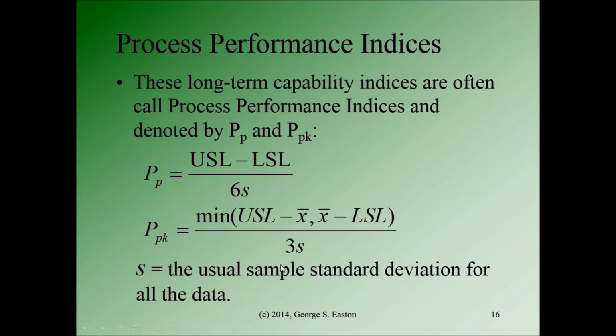They are gotten by just taking the formulas for Cp and Cpk and substituting the sample standard deviation computed using all of the data for the sigma hat that was computed based on the subgroup ranges. So the Pp becomes the difference in the specification limits divided by 6s, and the Ppk becomes the distance to the nearest specification limit divided by 3s.